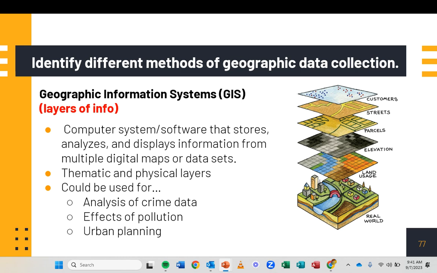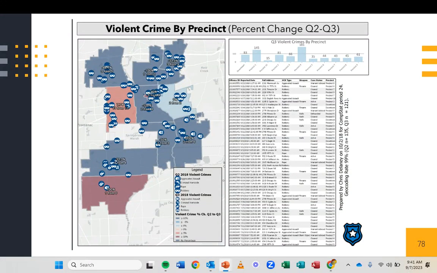You should have this written down. If I were going to look at a map, a crime map, crime is a layer. And then streets would be a different layer. City limits would be a different layer. So that would be an example of GIS.